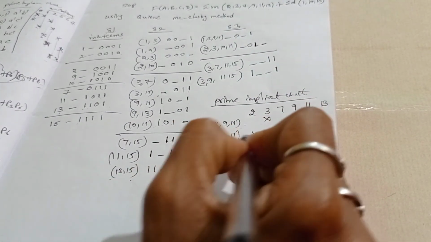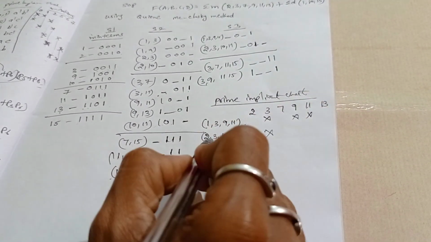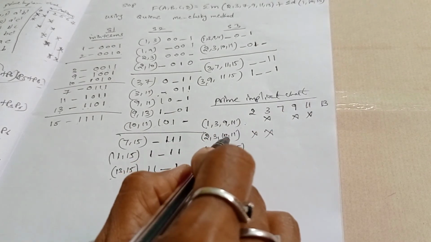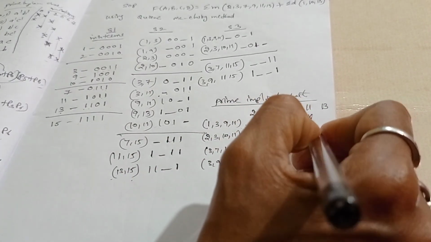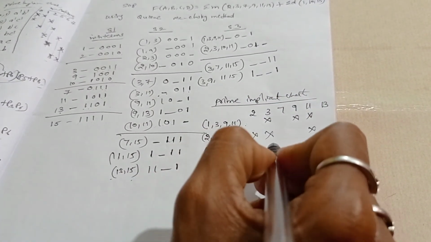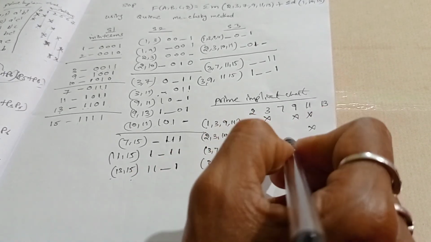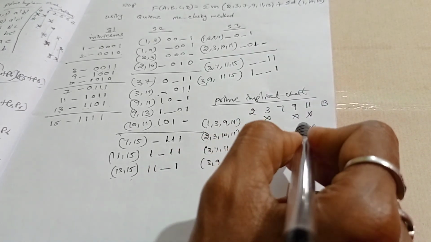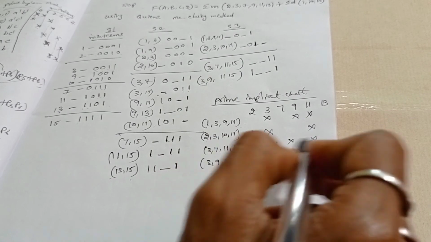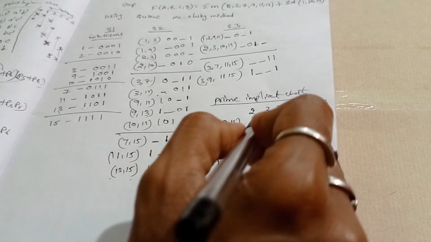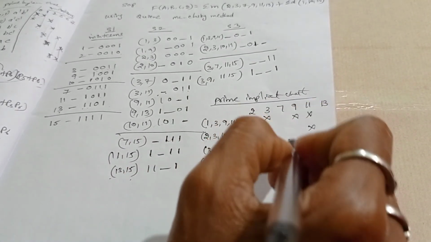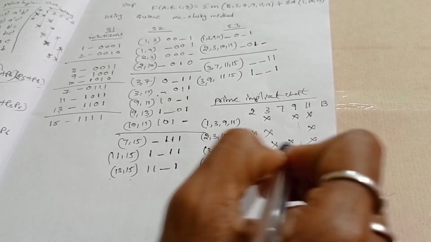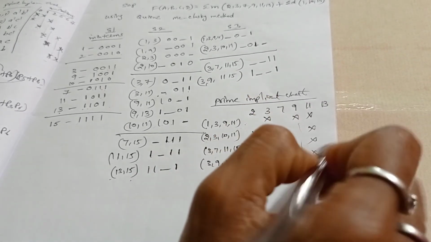Next 2 3 10 is don't care, no problem, leave it. 11. Next 3 7 11 15, 15 is don't care, leave it. 3 again, 9 11 15 don't care.